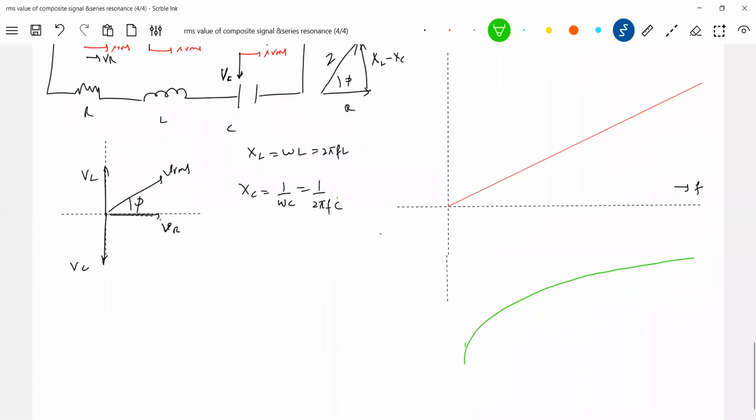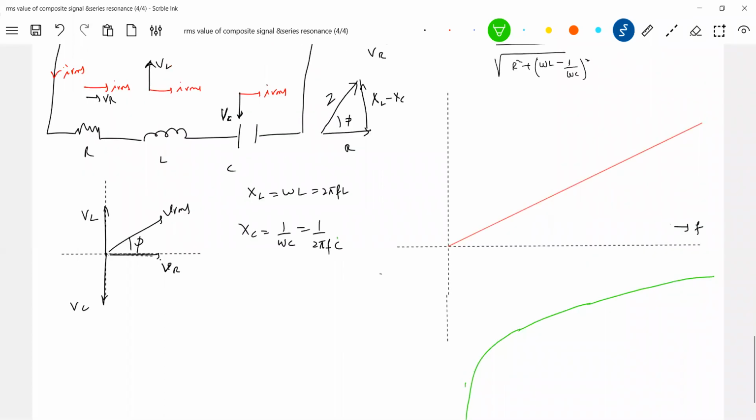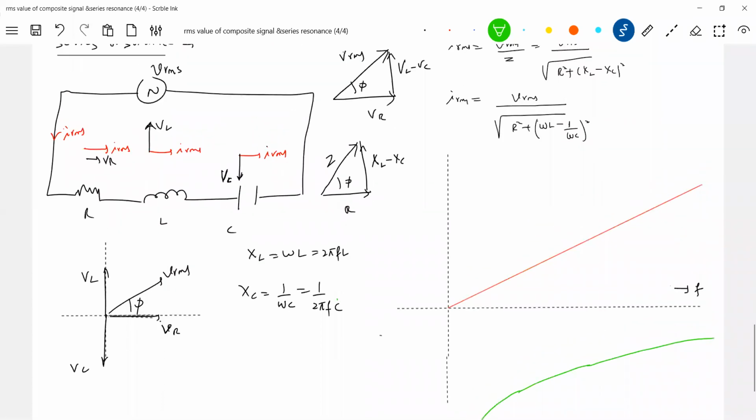I don't have space here, so I'm only showing this part. This is XC, and this is XL. What about R?